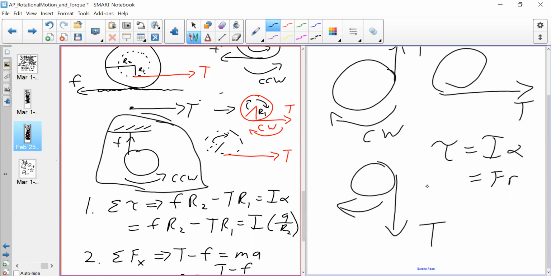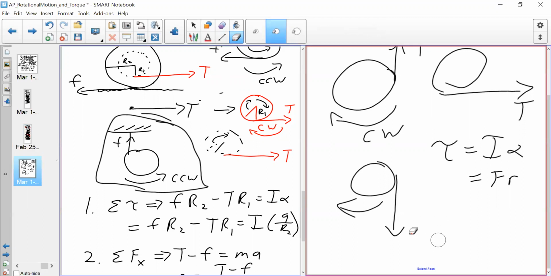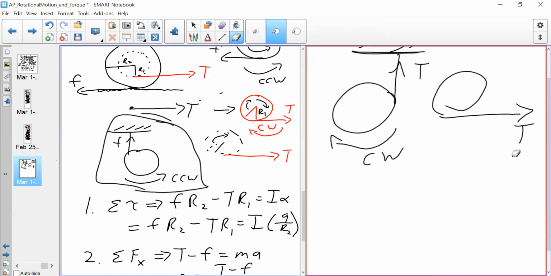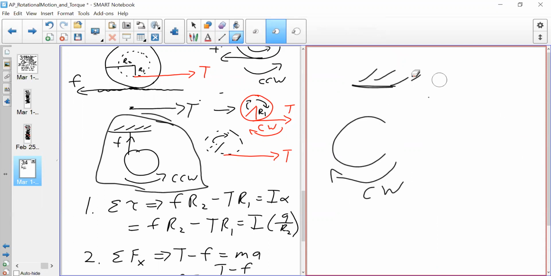Do you see that? Okay. Let me know yes or no. But the quick answer, no, torque is not the spin.